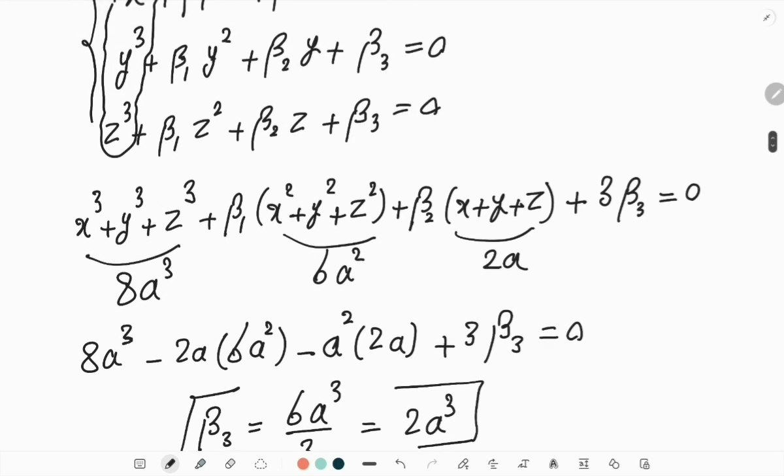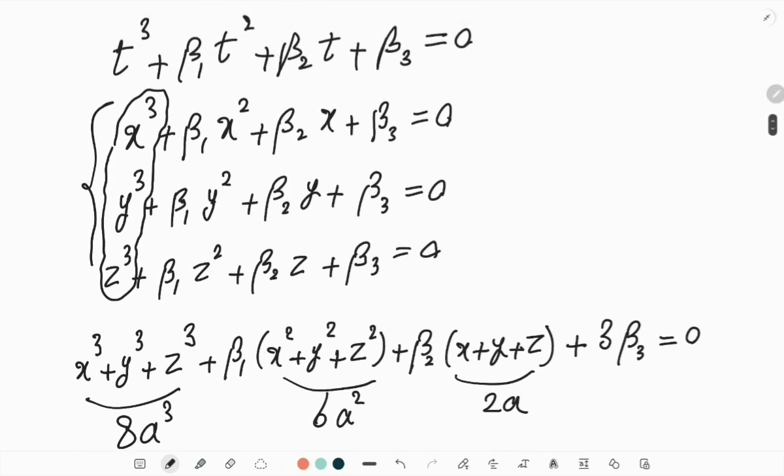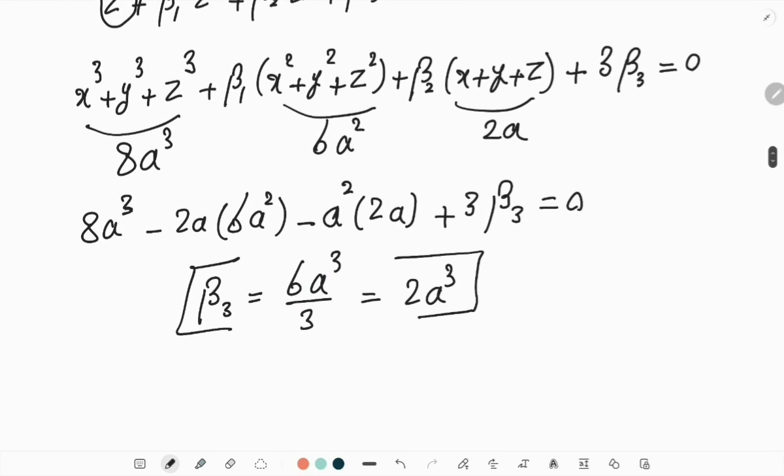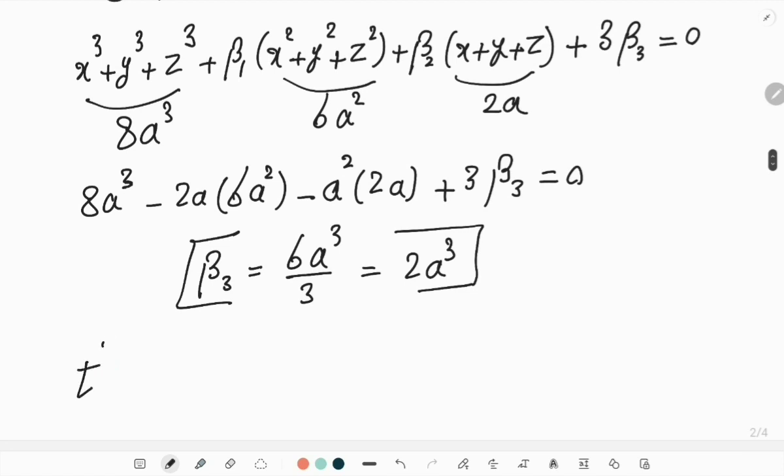So now if I go back to my beautiful cubic equation, I already have all the terms. So I get t^3 plus beta 1, which was minus 2a, t^2, plus beta 2, which was minus a^2, t, plus beta 3, which is basically 2a^3. This must be equal to 0.